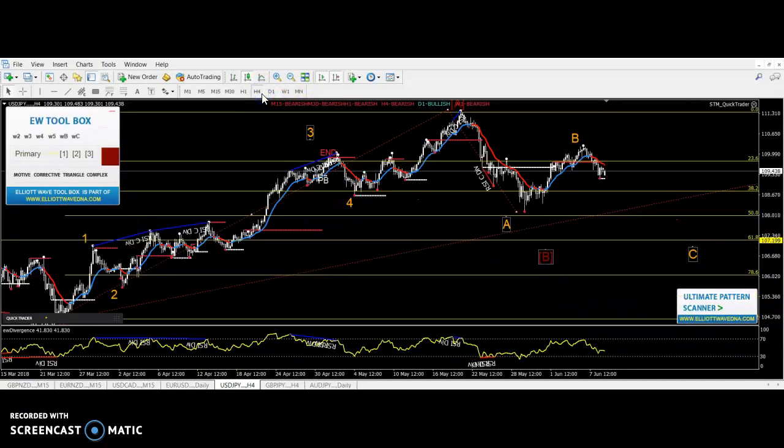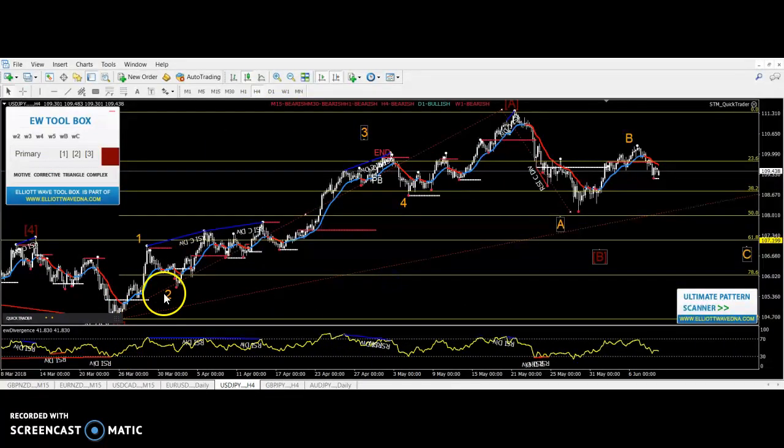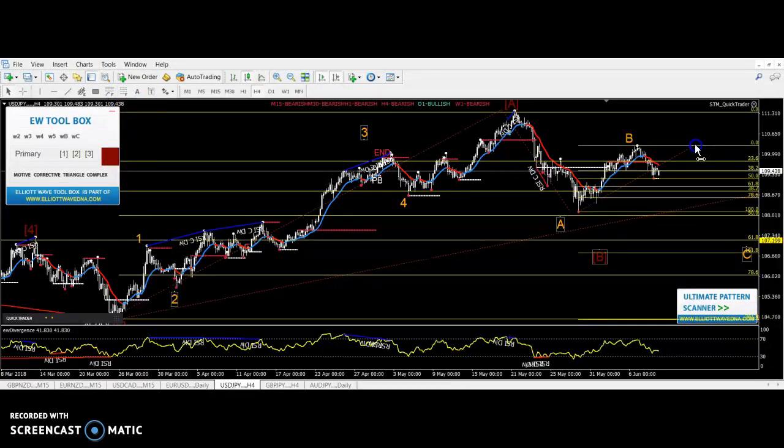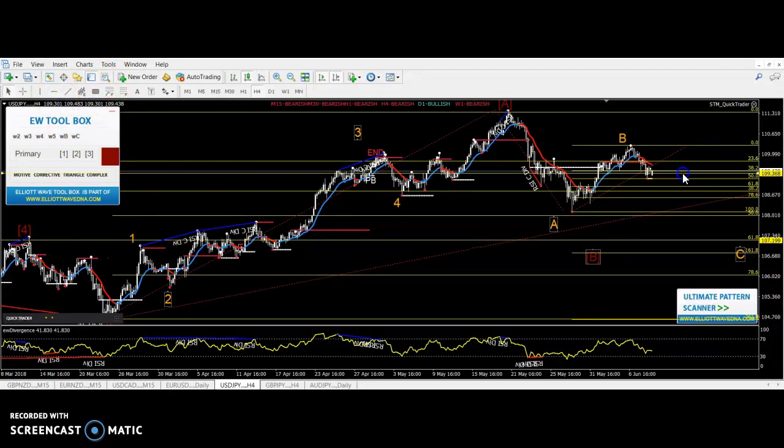See if we can see anything here. Yeah, taking a look at this, it looks a bit more clear. A 1, 2, 3, 4, 5, followed by, it looks like an ABC. So it looks like I may have been a bit off there on the daily. Instead, we can look for an entry on the 4 hour.